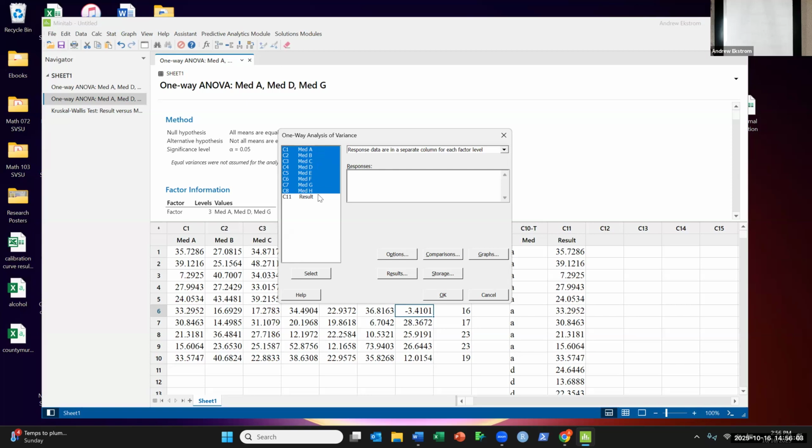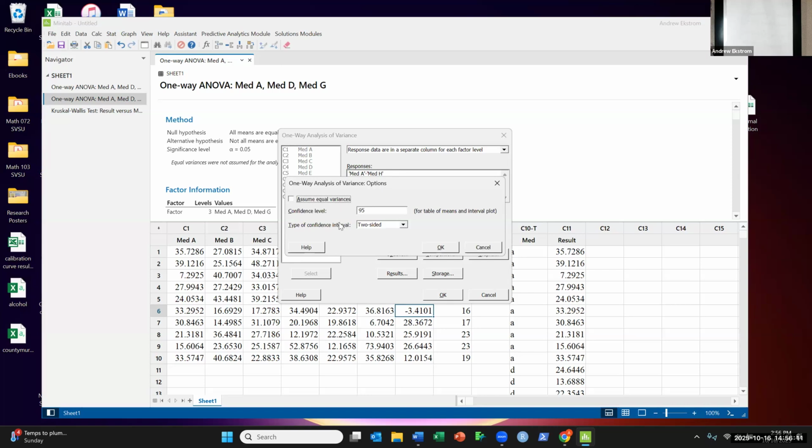I'm looking at A through G. Then I'm going to hit select. Under options, I'm going to leave this as assume equal variances. I'm going to keep that unchecked, not on. Going to go ahead and click on OK. Everything should be set up and ready to go. Then I can click on OK.